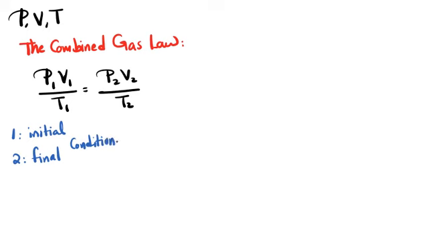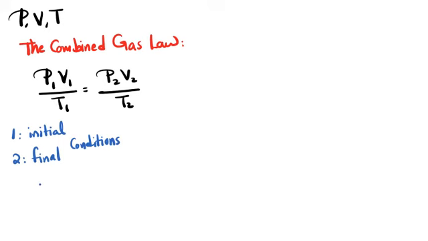We are going to know what it means when we say initial and final conditions. Let me give you one example. If I say we are going to change the pressure of a gas sample from 2 atmospheres to 5 atmospheres, it means the first one is the initial pressure, the second one is the final pressure.